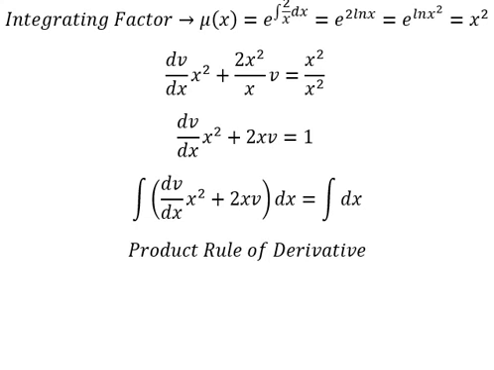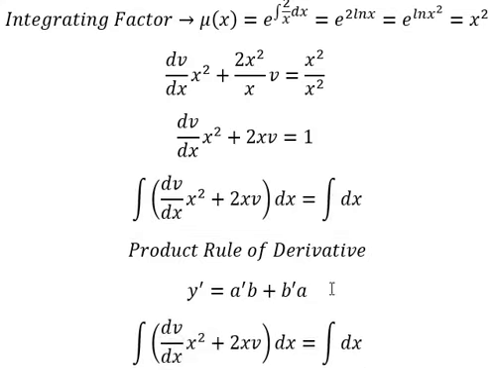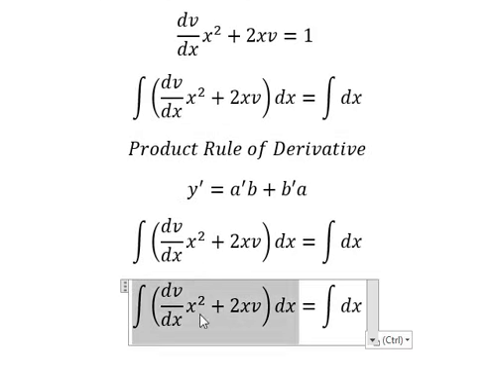So we have the first derivative of y equals the first derivative of a multiplied by b plus the first derivative of b multiplied by a. So the integration of this one, we have the first derivative of a multiplied by b.